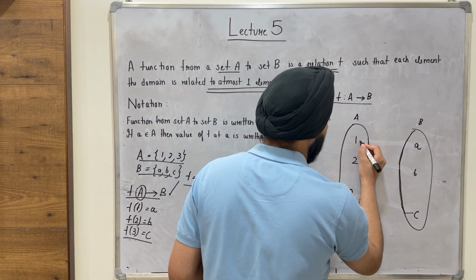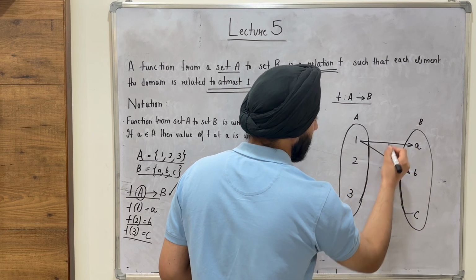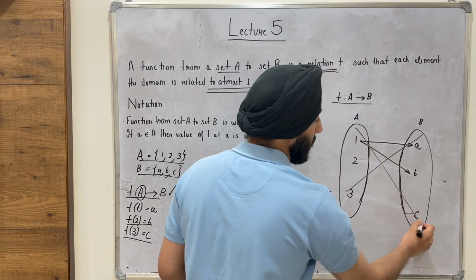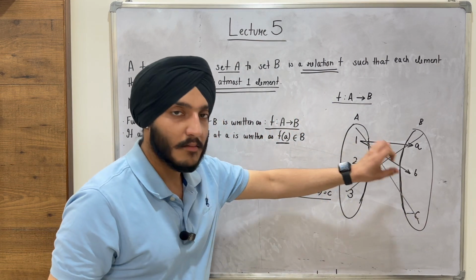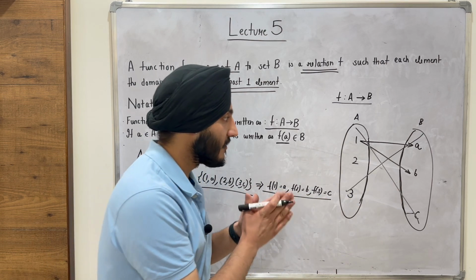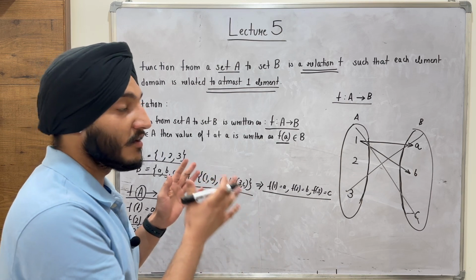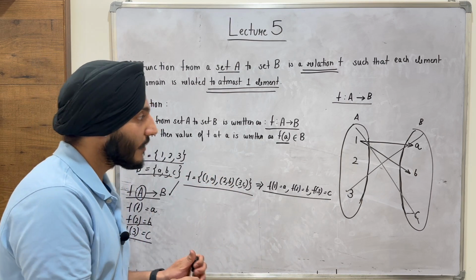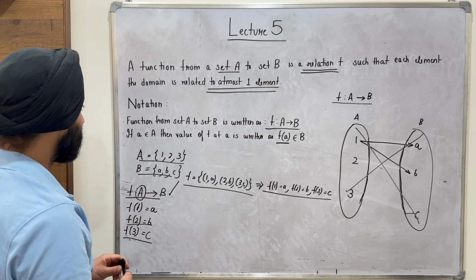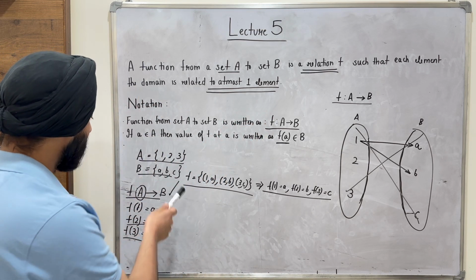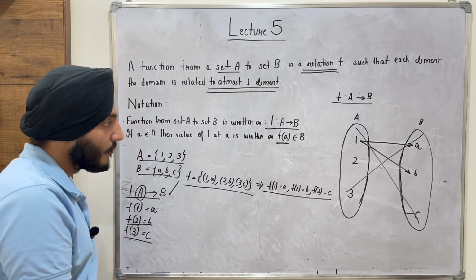So if 1 results in A and 1 results in B as well, this would not be a function, right? So if any of the values results in multiple values, it's not a function. That's the only case where you can understand whether it's a function or not a function, right? So I hope you have a good understanding about what is a function, the notation and the basic idea how we can represent it in different ways. Now let's move on to the next part.